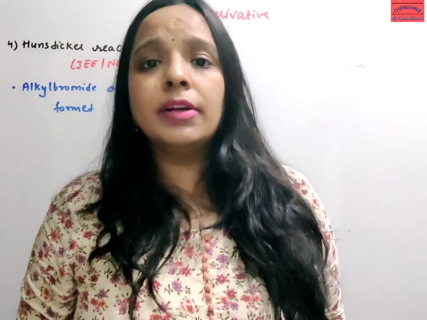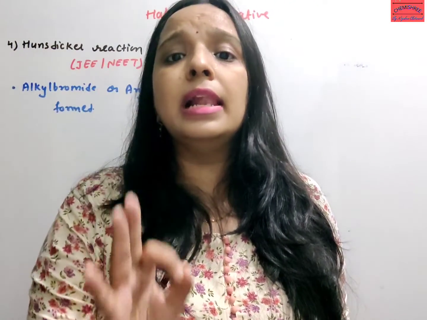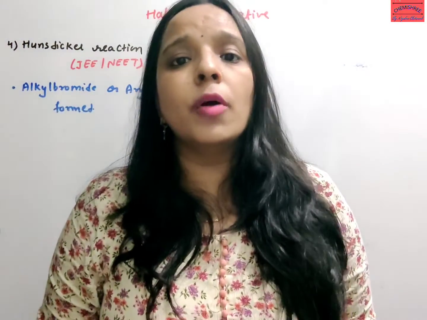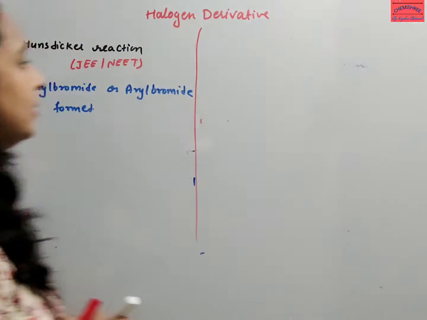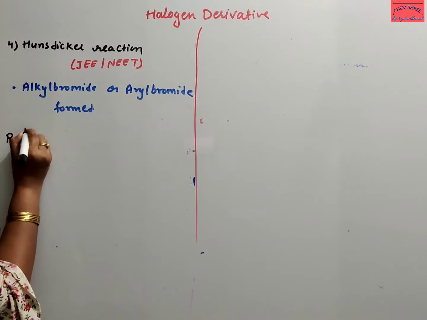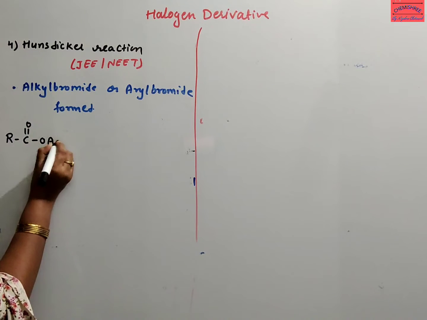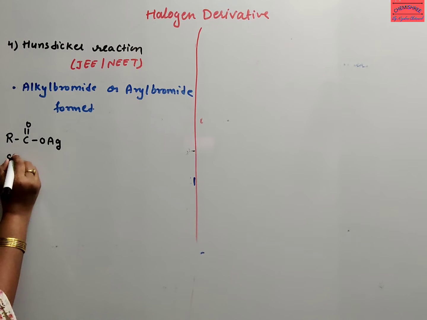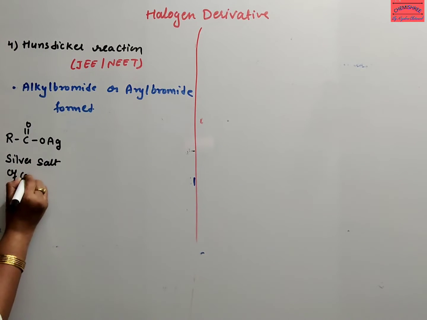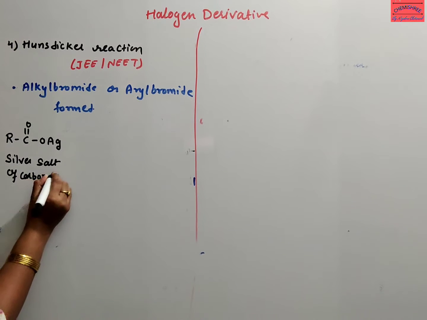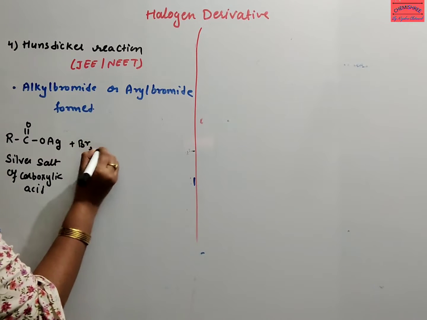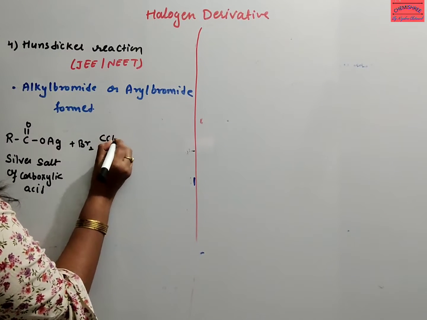Till then, whatever methods we have seen, in those only alkyl halides were formed. But by this method, you can also form aryl halide. So let us see the method now. When silver salt of carboxylic acid is treated with bromine in solvent CCl4.